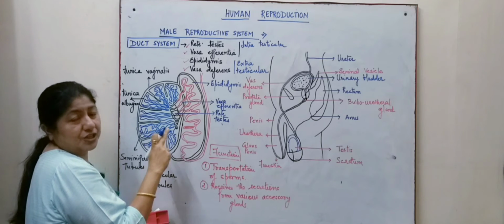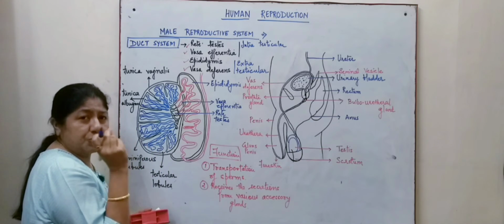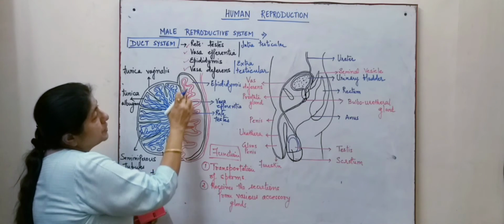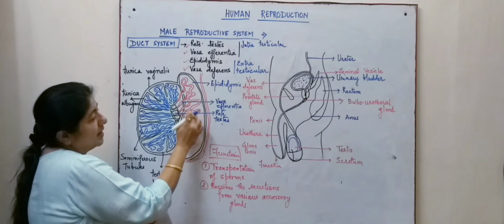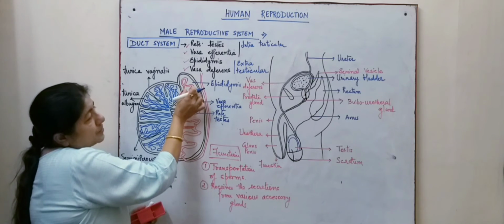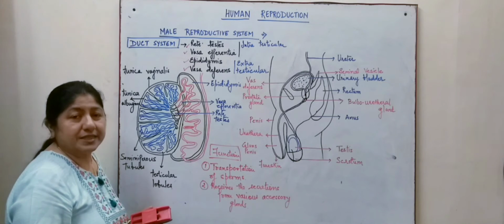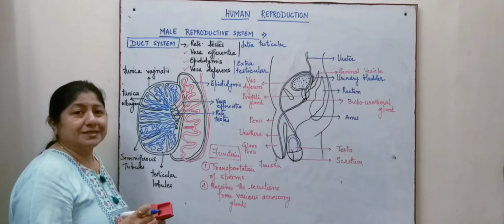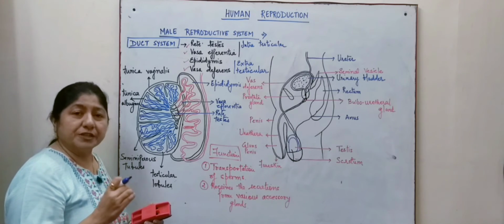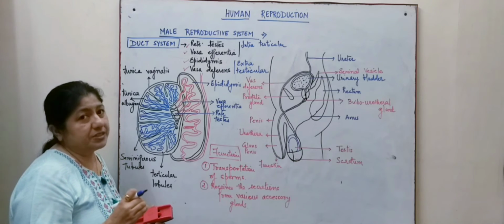The vasa efferentia are 15 to 20 tubules which open up into a structure that is again highly convoluted, which we call the epididymis. Epididymis is the site where the maturation of the sperm will take place.